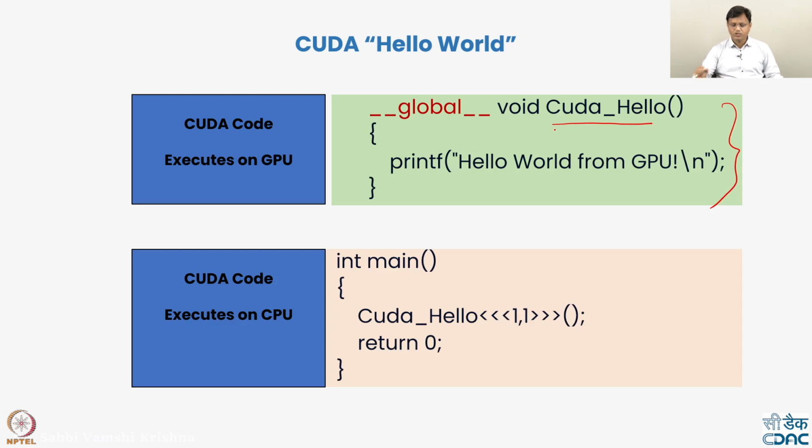To make this function a CUDA function or CUDA kernel, we have to write the qualifier __global__. If I do not define this global qualifier here, then this function will be a simple CPU function.